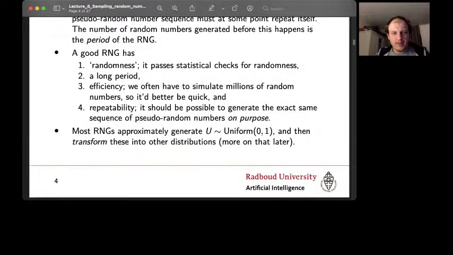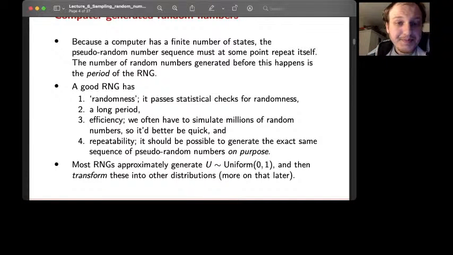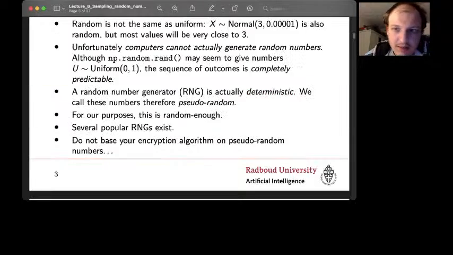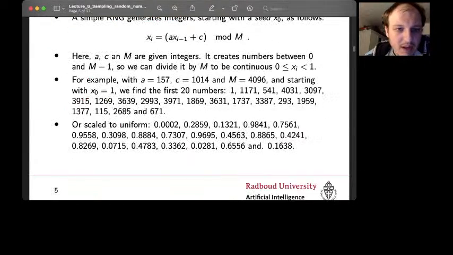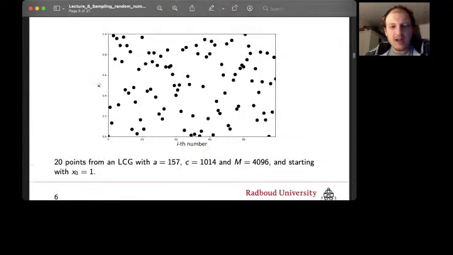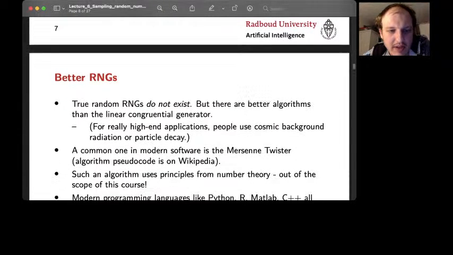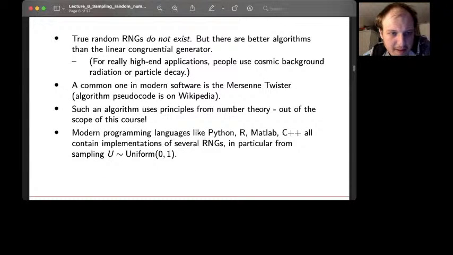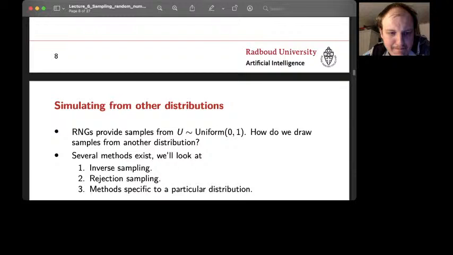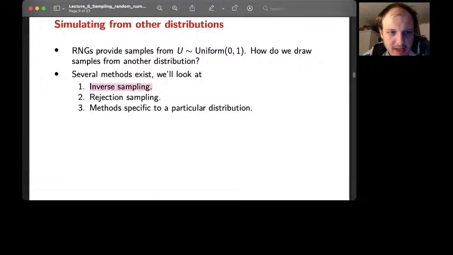Okay. So here the main takeaway from this lecture is the three different types of algorithms that are introduced. The inverse sampling, rejection sampling, and this for the distribution, specific distribution.